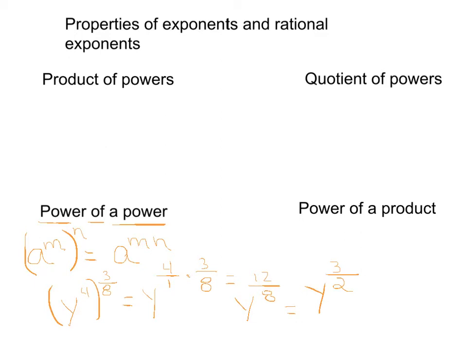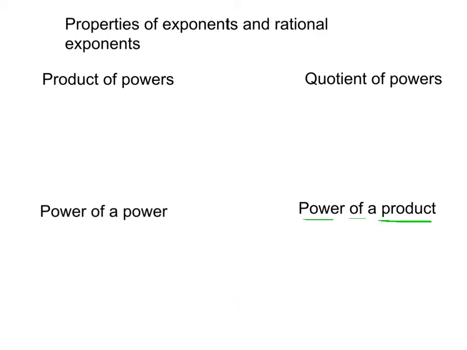Next, we're going to look at powers of a product. When raising a product to a power, raise each factor to the power. So, if we have a, b, raised to a power of m, that will give you a to the m times b to the power of m.